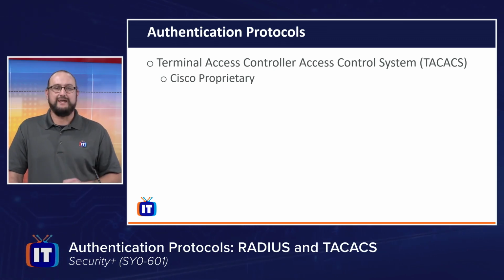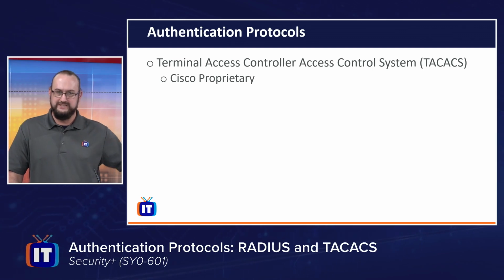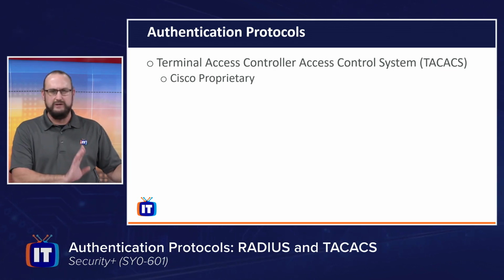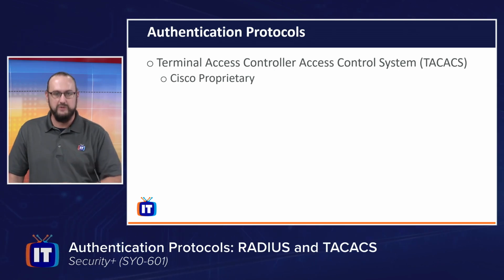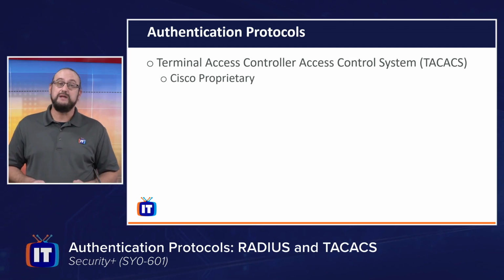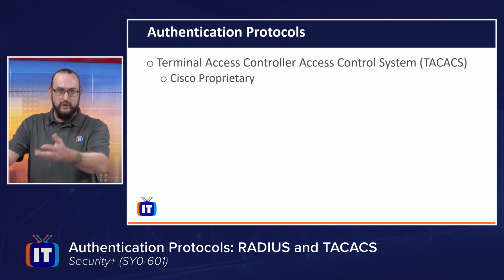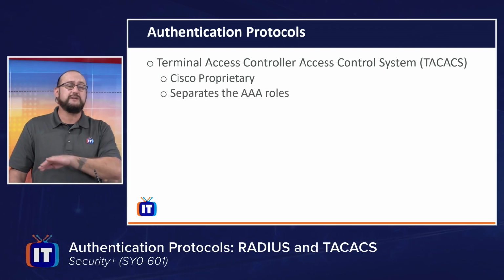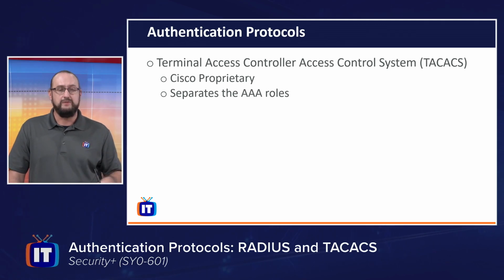The original TACACS, which is not used anymore, and some versions of TACACS, are Cisco proprietary. The TACACS I want you to know for the exam is TACACS Plus, and there are other variants that I don't want you to worry about for the exam. But I do want you to know TACACS Plus today is an open standard. It was originally designed by Cisco, but Cisco let it go and said people can build on it today. What it does is allow you to separate the AAA roles.